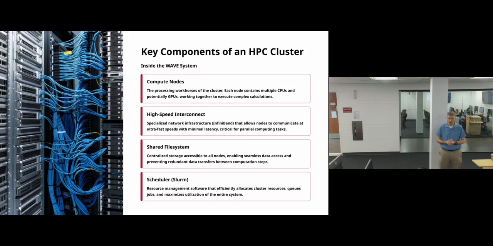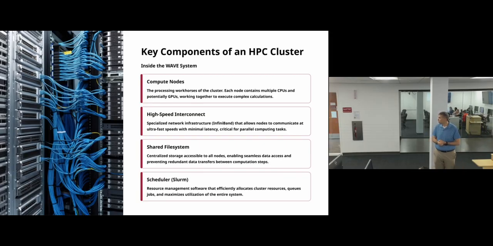It's not only ultra fast speed, up to 200 gigabits per second, but also the access between the nodes is done extremely fast, much faster than a normal network would do.